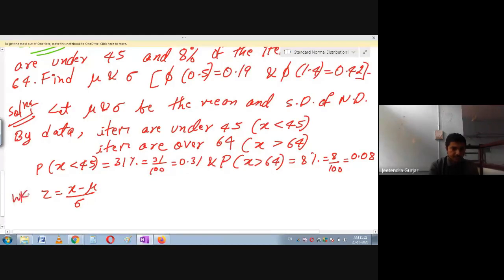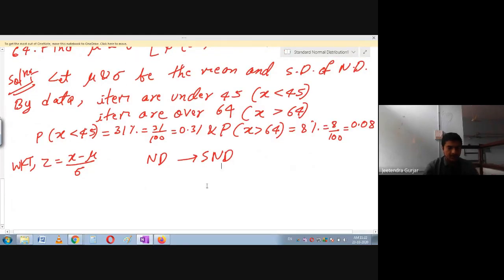We know that this is our variate, and you are going to convert here. I'll write normal distribution into standard normal distribution. Okay, so we'll start solving both the equations simultaneously. I will write it on this side a little bit. So this is our probability. So I'm going to convert this now. This equation, please remember, I'm going to simplify.